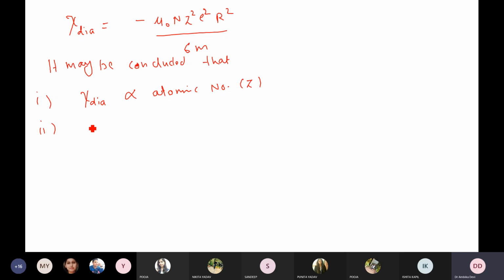Then we also conclude from this article that diamagnetic susceptibility is independent of temperature. You can see over here there is no temperature involved in this equation. So diamagnetic susceptibility is independent of temperature.